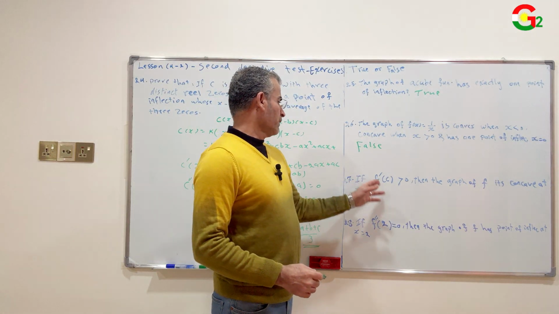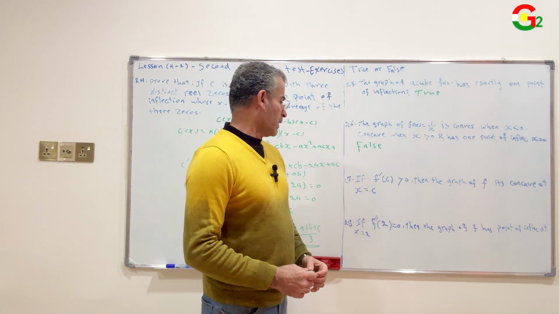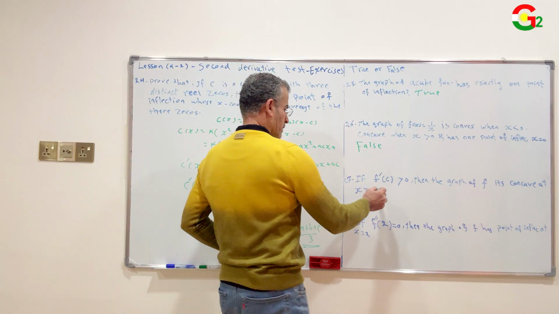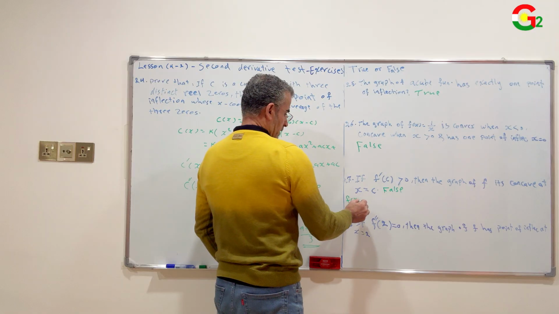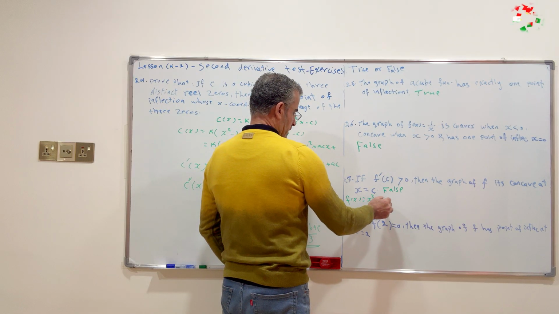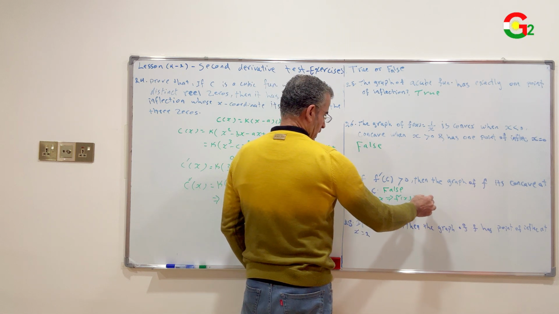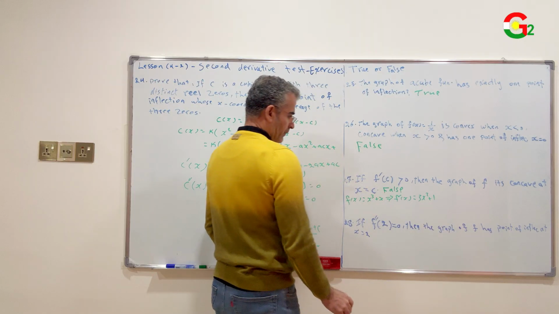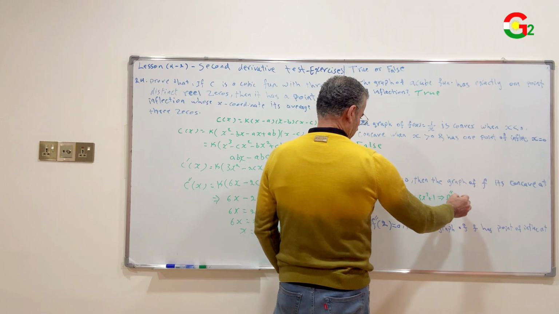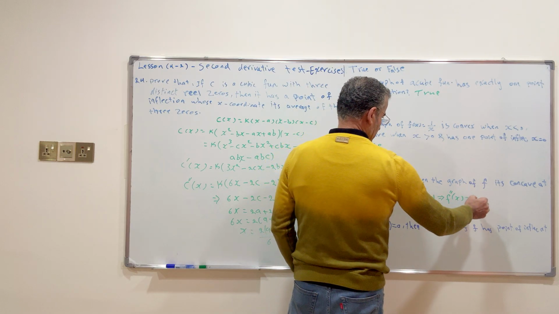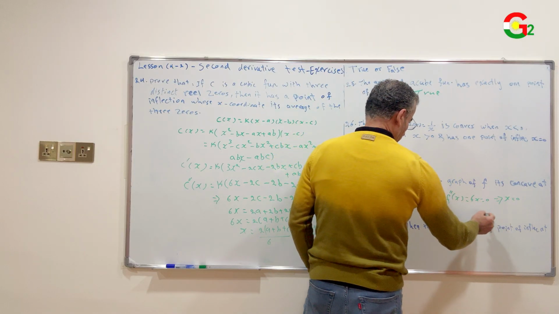27. If f prime of c is greater than 0, then the graph of f is concave at x equals c. Also, this statement is false because if we take f of x equal to x power 3 plus x, then f prime of x equals 3x power 2 plus 1. And f double prime of x equals 6x. Set it equal to 0, then x equals 0 is a critical point.